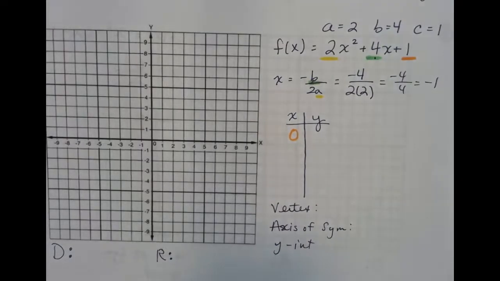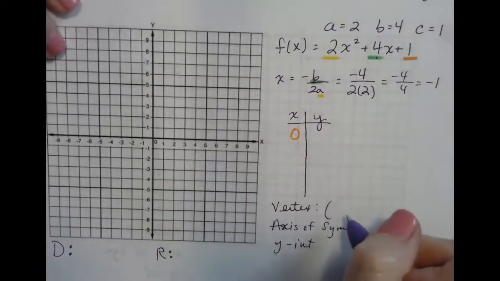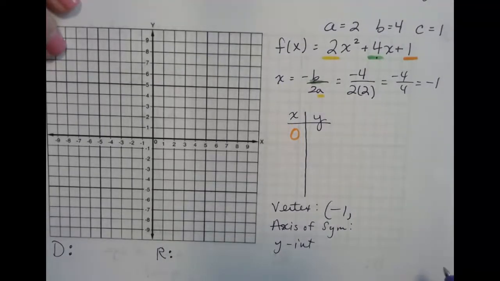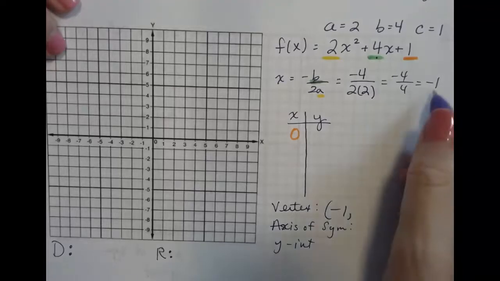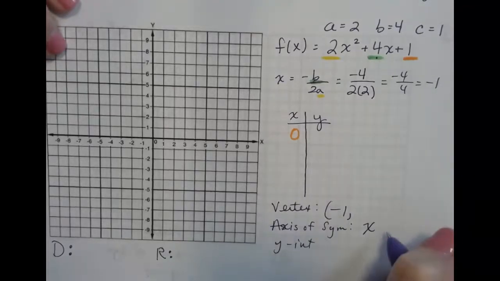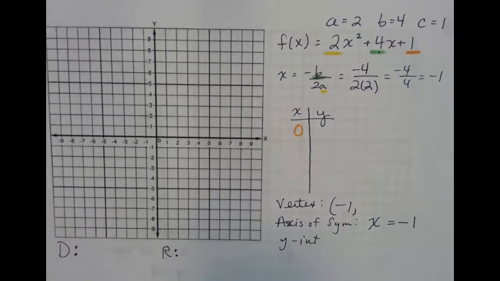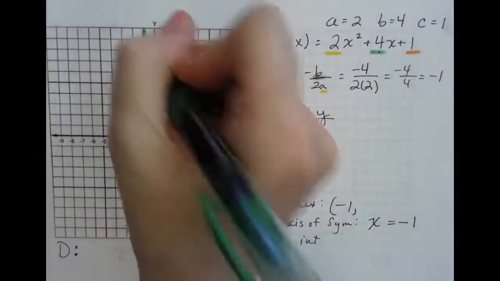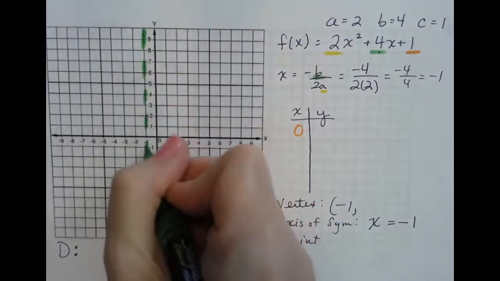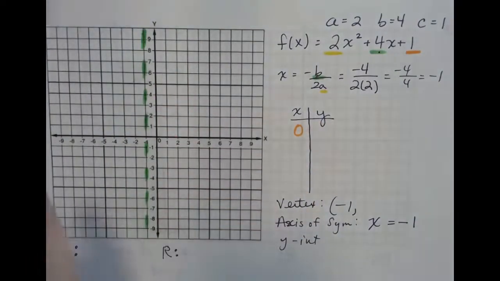So the x coordinate of our vertex is at negative 1. We can put this in right down here. Now, guess what? Our axis of symmetry is also negative 1. X equals negative 1. I'm going to go ahead and put that auxiliary line on my graph. There it is. Remember, it's dashed because it is technically not part of the graph. It's just auxiliary.